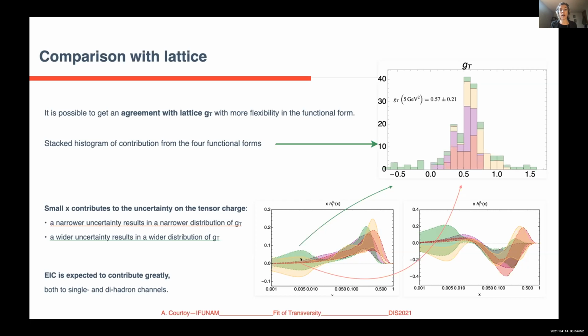While if you have a really narrow error, for the pinkish one, then you find something that is narrow for GT. So of course, small x will be really important for this tensor charge, for its error and central value as well. But the error is much more important right now. And of course, the EIC will be really helpful for that.